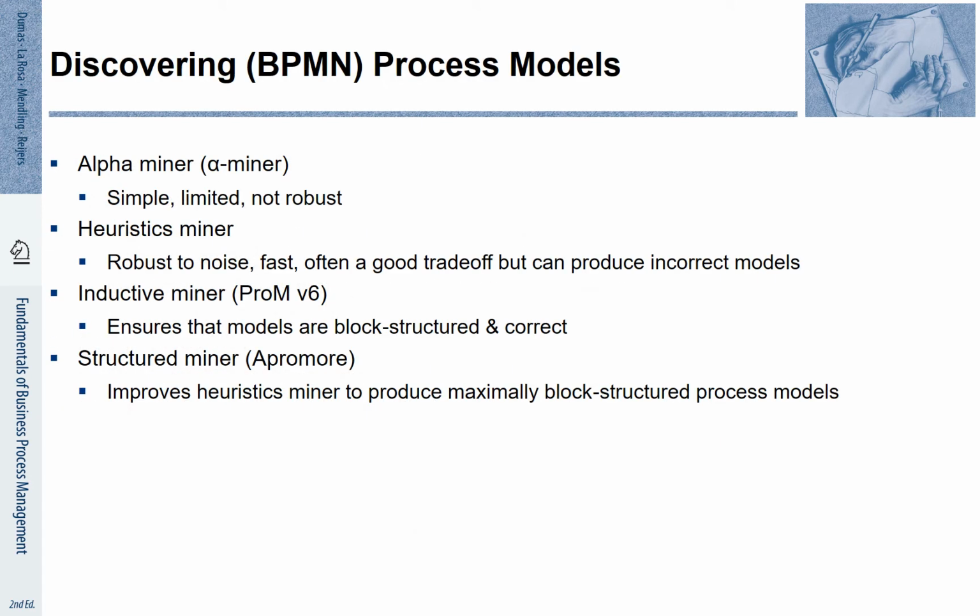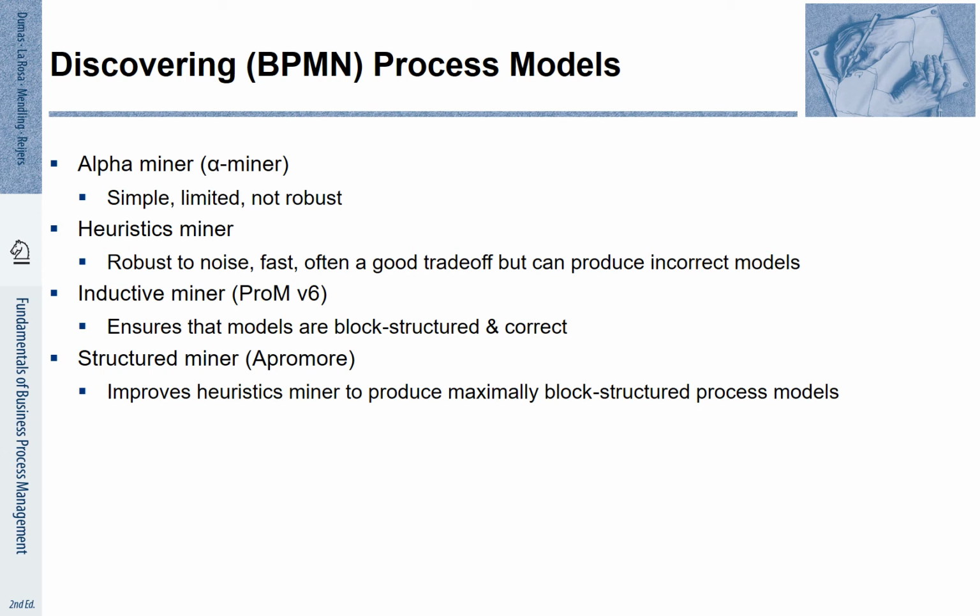There are various process mining approaches that create more sophisticated models than the directly follows models that we have just seen. We will look at 4 different process mining techniques that can be used to create BPMN process models. There's the alpha miner.